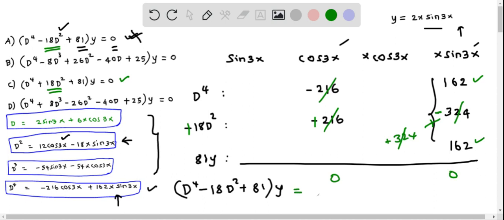So the result of this differential equation is equal to 0. And this means clearly the differential equation in part C is the correct differential equation, for which y equal to 2x sine 3x is the particular solution. So we choose the correct option, that is part C.